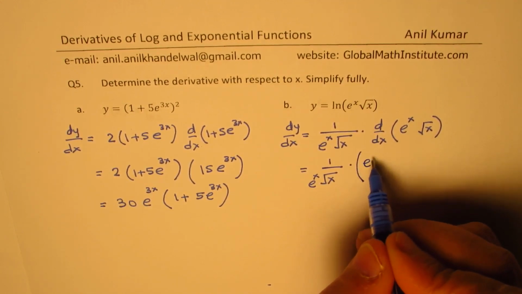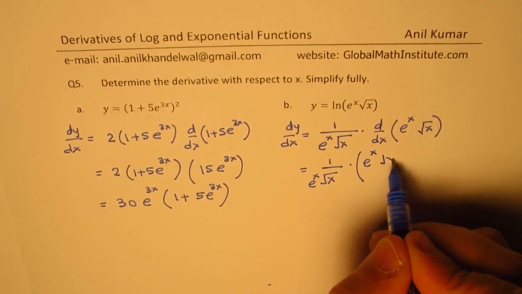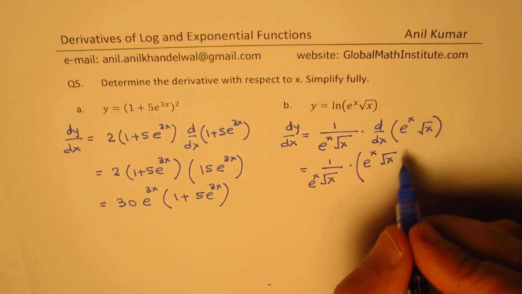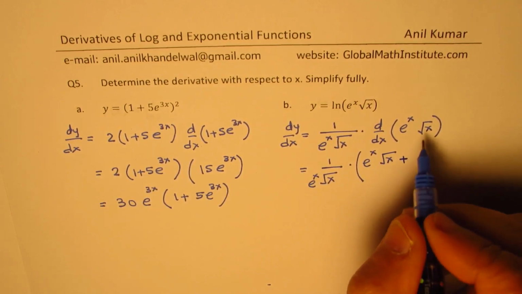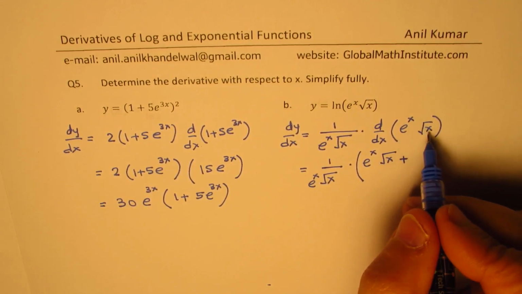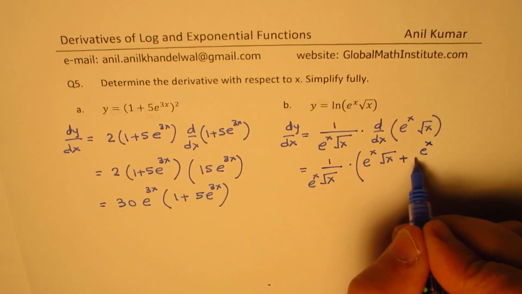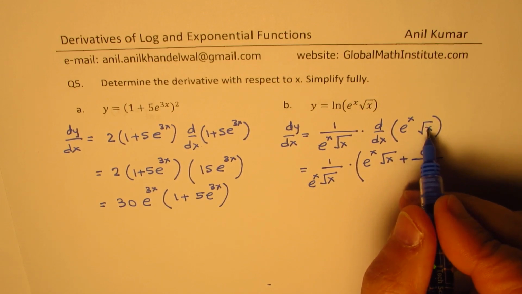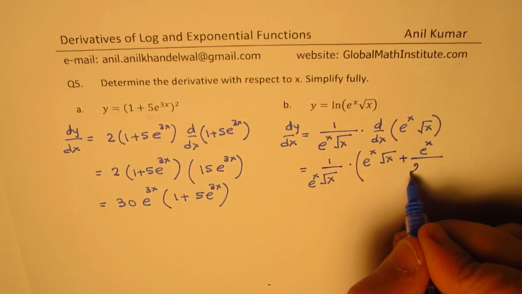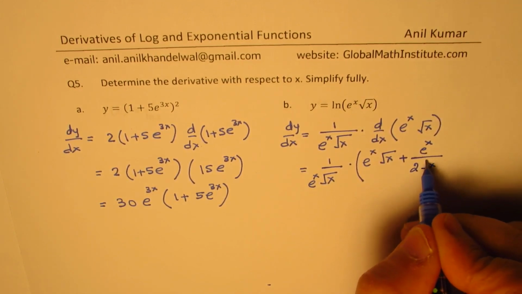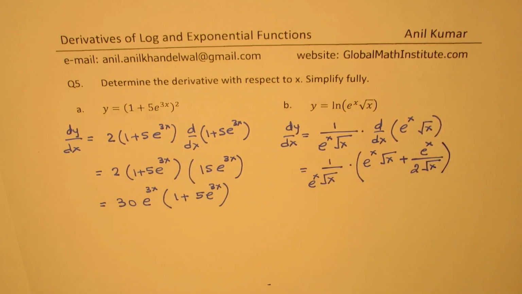So the derivative of e to the power of x times square root of x, plus e to the power of x times the derivative of square root x, which is 1 over 2 square root of x. Correct. So that's what we get.